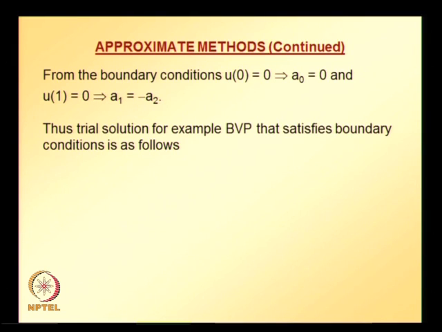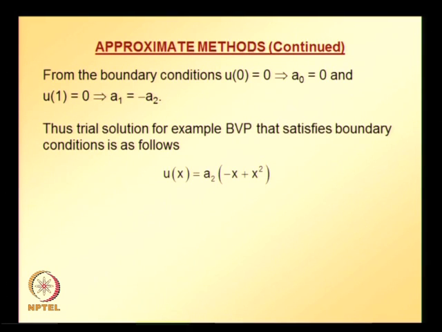So after substituting this information into the quadratic trial solution, a naught plus a1 x plus a2 x square, with a naught being 0 and a1 equal to minus a2, we get this. So this is an admissible trial solution. So we can substitute this into the residual.